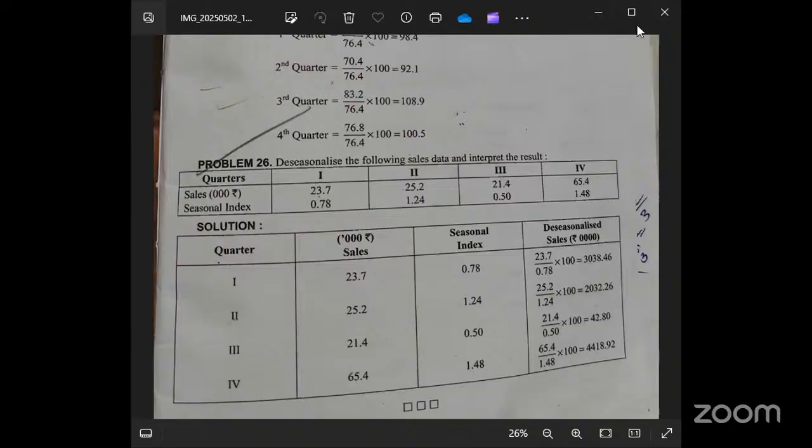So now we'll start with the index numbers. What are index numbers generally? The statistical device which measures related variables and provides representative figures as regards the combined changes in the variables is called index numbers.